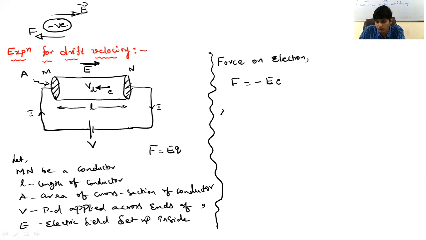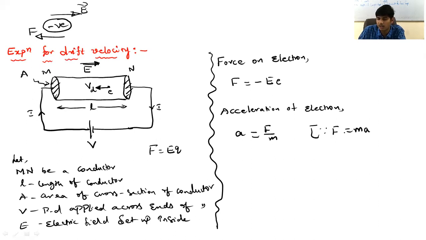Once you have calculated the force on the electron, you need to calculate the acceleration of the electron. Whenever a force acts on a particle, that particle starts accelerating. Acceleration of the electron is a is equal to F by m. We know that from Newton's second law, F is equal to m into a. Force is equal to mass into acceleration.